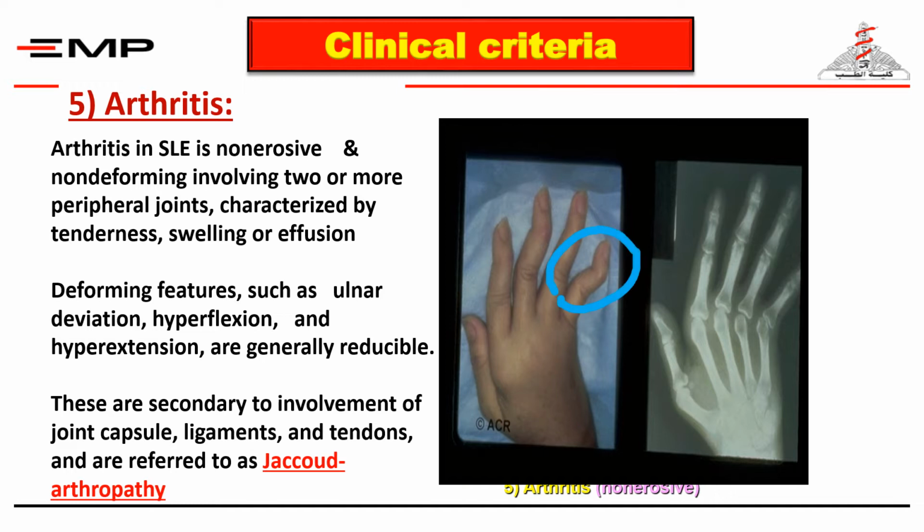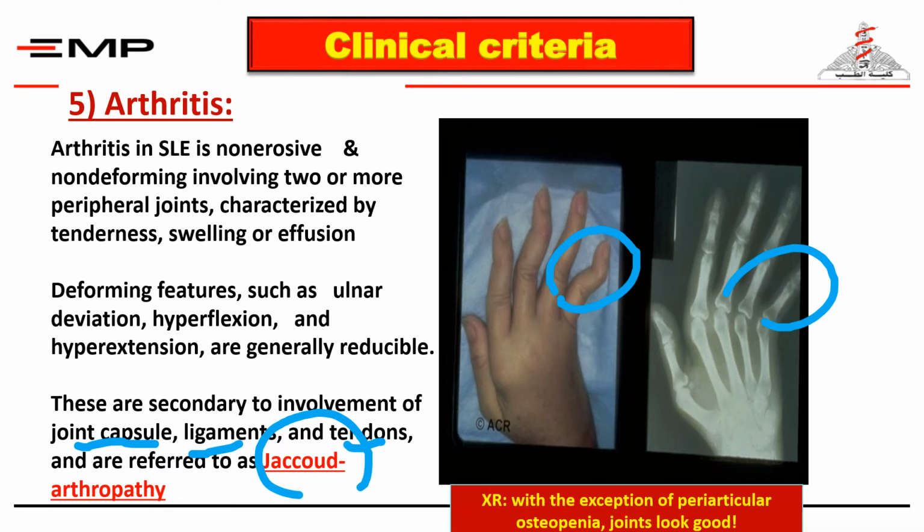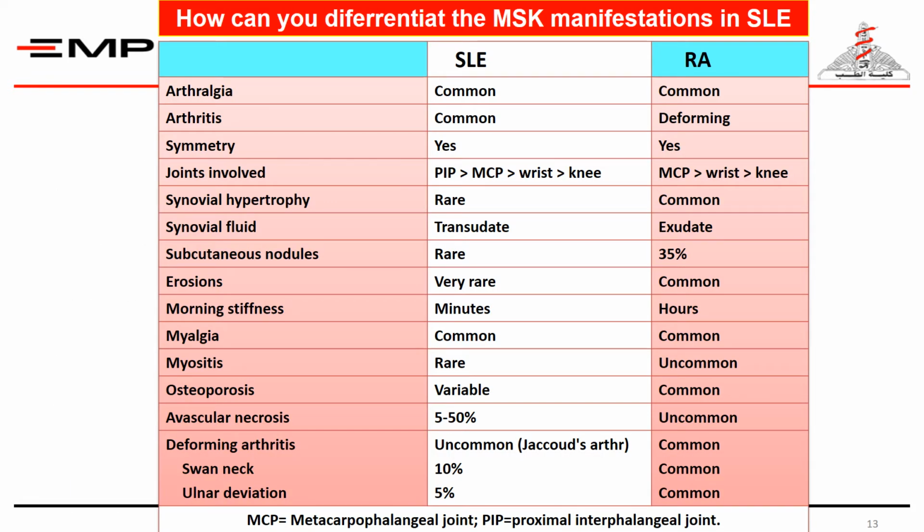This is swan neck, but when we did X-ray, there is no destruction, and it is due to involvement of the joint capsule, ligaments, and tendons. This is the arthropathy in lupus patients.